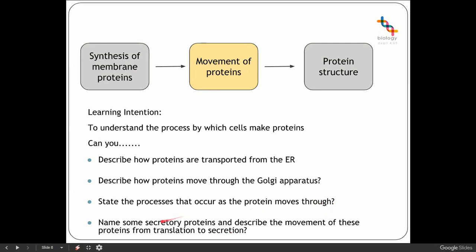Types of secretory protein would be a digestive enzyme or a peptide hormone, and they are going to move from translation to secretion by being translated on the rough endoplasmic reticulum and then secreted through the Golgi apparatus out through the plasma membrane of the cell.